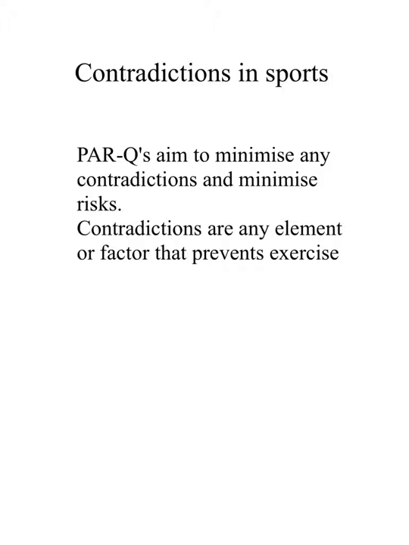Contraindications in sports. A contraindication is a difference in two statements, beliefs, or ideas about something. That means they cannot both be true. Parkours aim to minimise any contraindications and risks that aim to prevent exercise, to eliminate any factors.